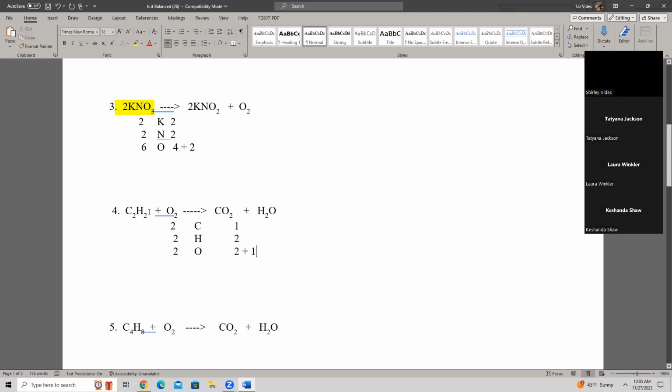All right. The trick that I will show you on any combustion reaction, and I'll show you why in a minute: you take the hydrogen and say, okay, when I divide this hydrogen by 2, is it an even number? The answer is no, right? Then you put a 2 in front of it. Why is that?